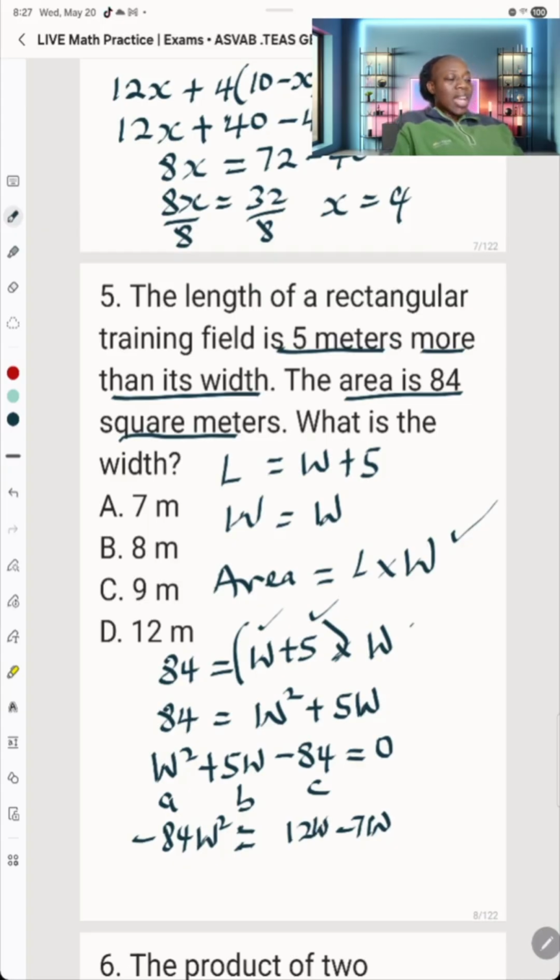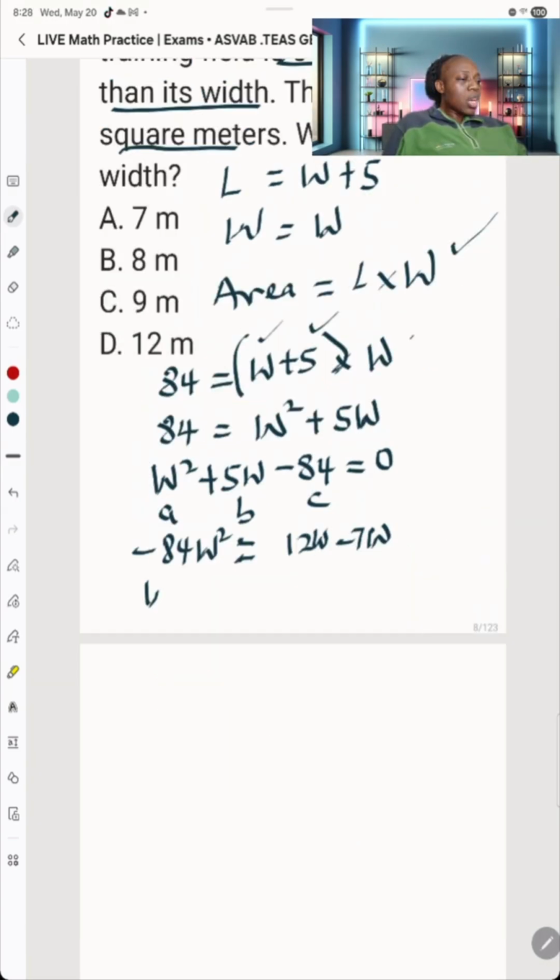So negative 7w, and that gives us negative 84, then positive 5. If you subtract 7 from 12, that gives us 5. So in place of 5w, we now put positive 12w, negative 7w, negative 84 equals 0.